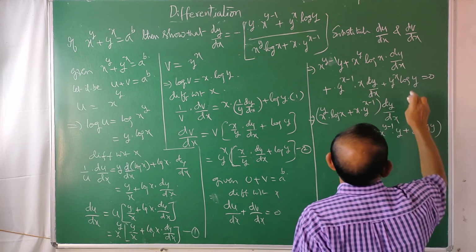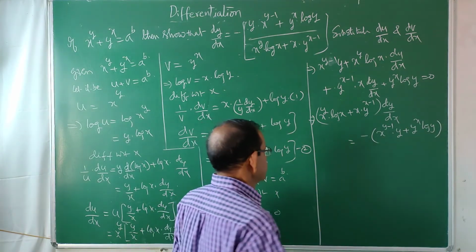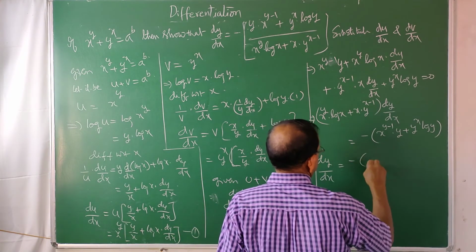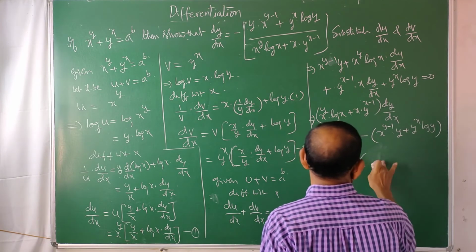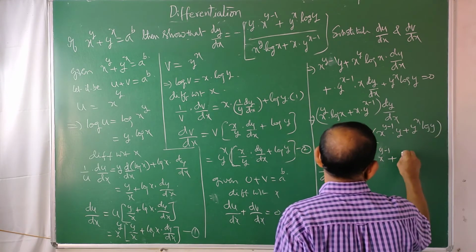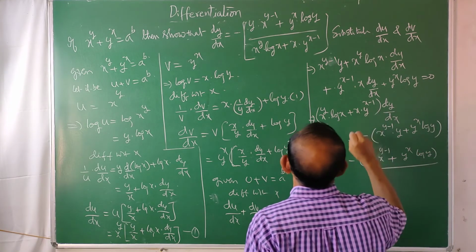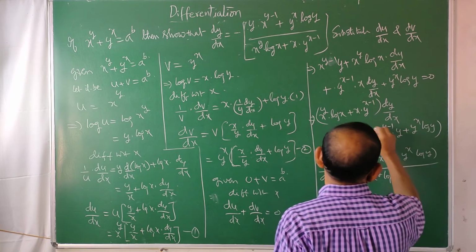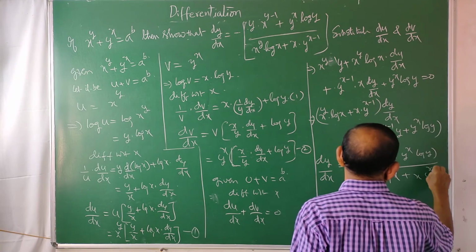These two terms are written on the right side with minus sign, but we want to find out dy by dx. So dy by dx is equal to minus of y into x power y minus 1 plus y power x into log y, by this term x power y into log x plus x into y power x minus 1.